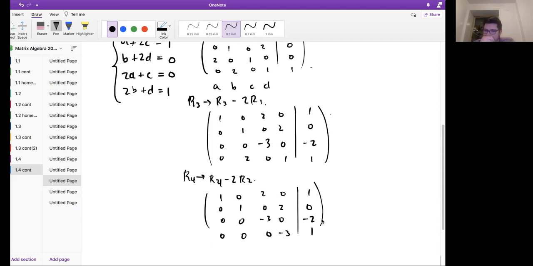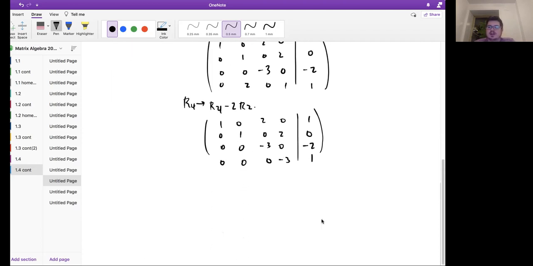All right, did you get that one right? Okay. All right, we can solve now, right? What's d equal to? -1/3. What's c equal to? 2/3.